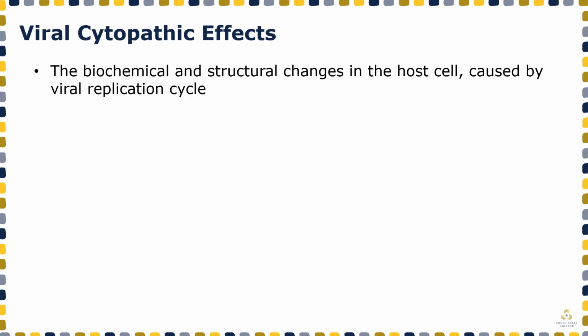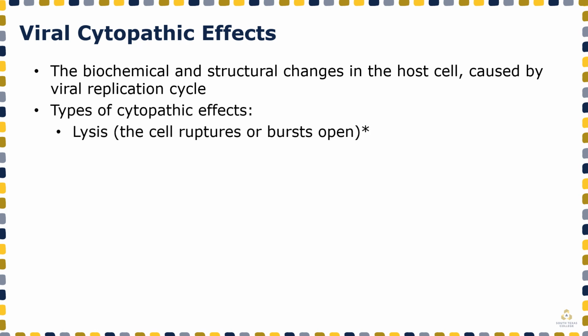So viral reproduction will affect the host cell by causing certain cytopathic effects, which means the pathology of the cell. The biochemical and structural changes in the host cell caused by the virus replicating itself can lead to several different types of effects. One is lysis, in which the cell ruptures and bursts and releases the new viral particles, which of course kills the host cell immediately.